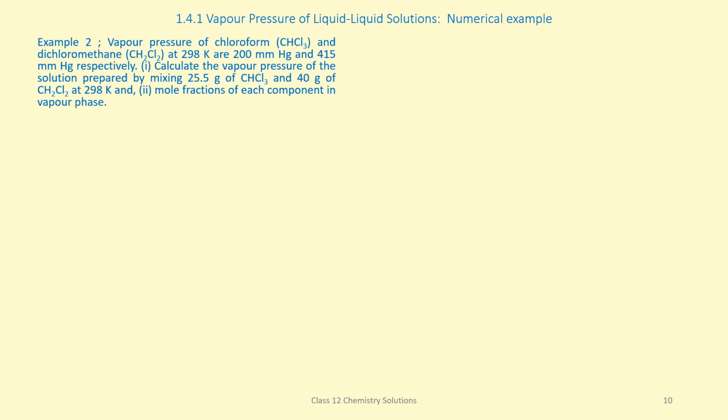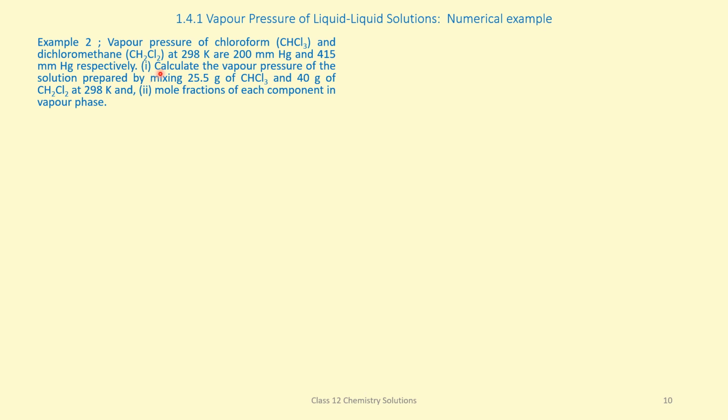Vapor pressure of chloroform, whose formula is CHCl3, and dichloromethane, whose formula is CH2Cl2, at temperature 298 Kelvin are 200 mmHg and 400 mmHg respectively.